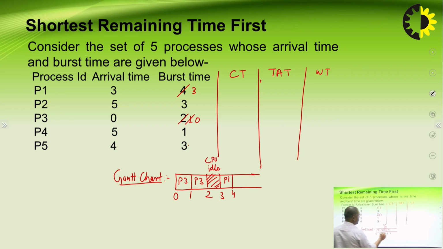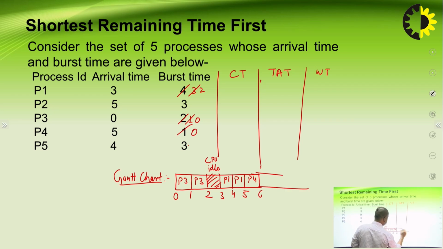So we are taking P1 again at 5, and P1 goes from 3 to 2. Now at 5, all processes have arrived, but who is the minimum? 2, 3, 1, 3: this is P4. So P4 will come in the CPU, and it will be 6.